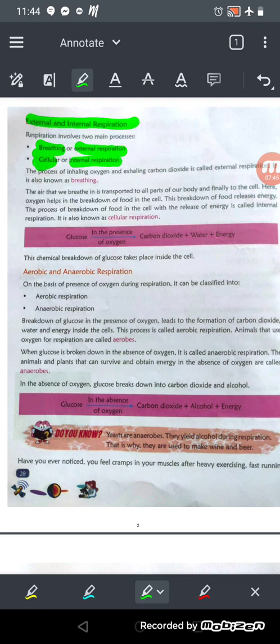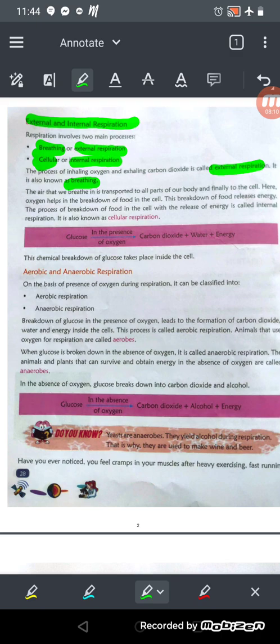The process of inhaling oxygen and exhaling carbon dioxide is called external respiration, or breathing.